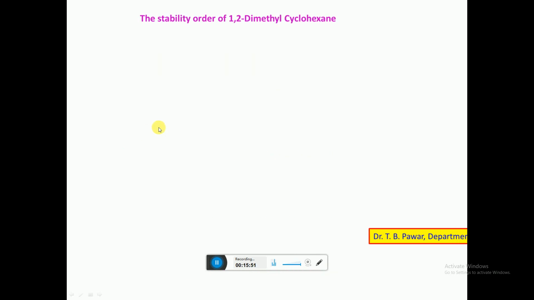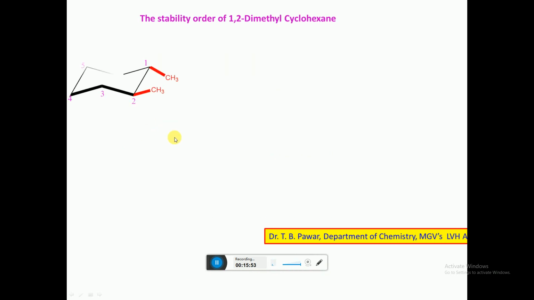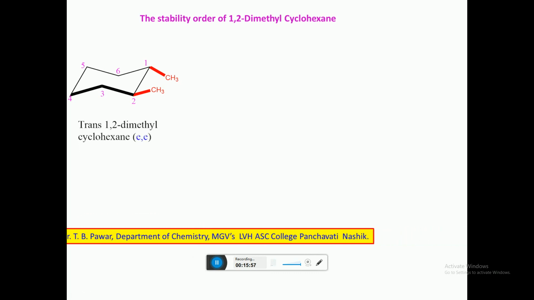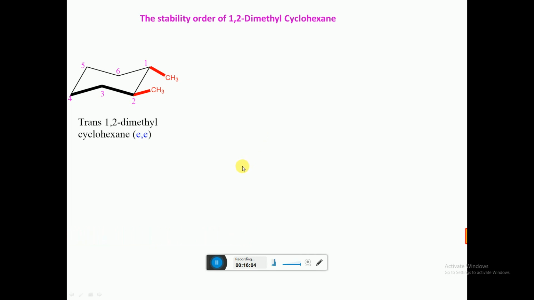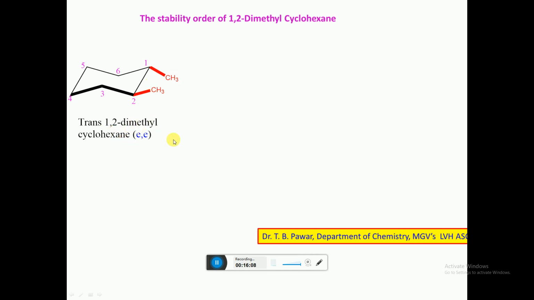So, the stability order of 1,2 dimethyl cyclohexane: which is more stable, the cis isomer or the trans isomer? As we know, whenever the bulkier groups are in the equatorial position, that is always more stable because there are minimum interactions. So for trans 1,2 dimethyl cyclohexane equatorial, there is only one gauche interaction, which is 0.9 kilocalorie.